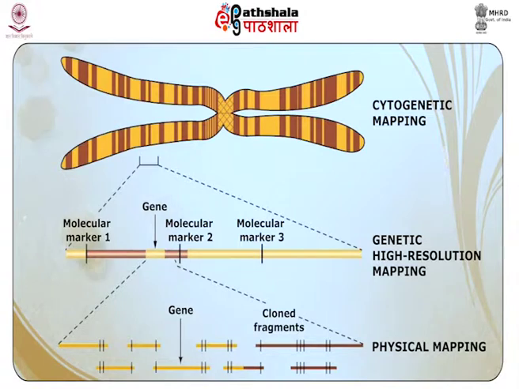A genetic linkage map is a genetic map of a species or experimental population that shows the position of its known genes or genetic markers relative to each other in terms of recombination frequency, rather than a specific physical distance along each chromosome.